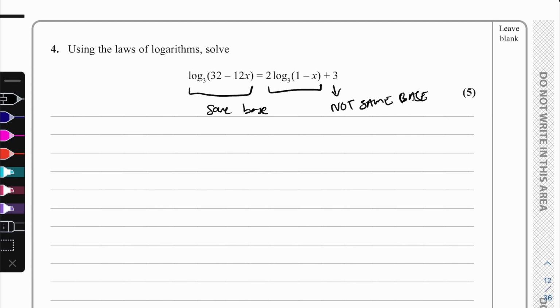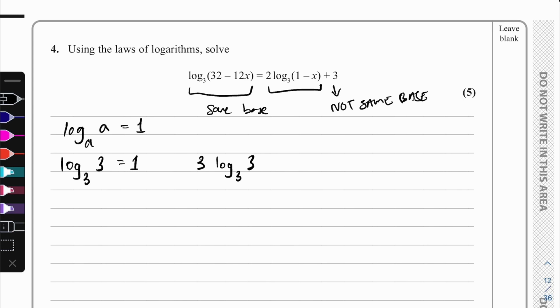We know the property of logs that the log of a, with base a, is just equal to 1. In this case, we're dealing with log base 3, so log base 3 of 3 equals 1. Now, because we have 3 of those, we can say 3 log base 3 of 3.